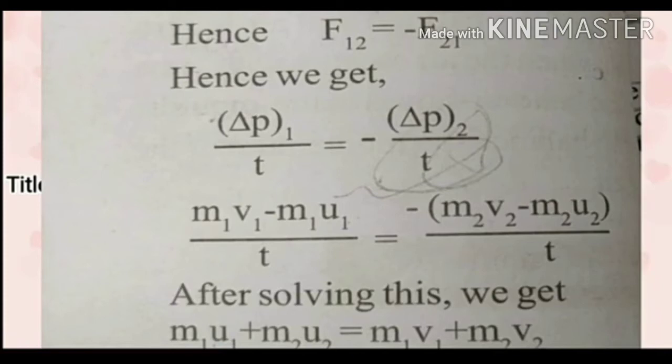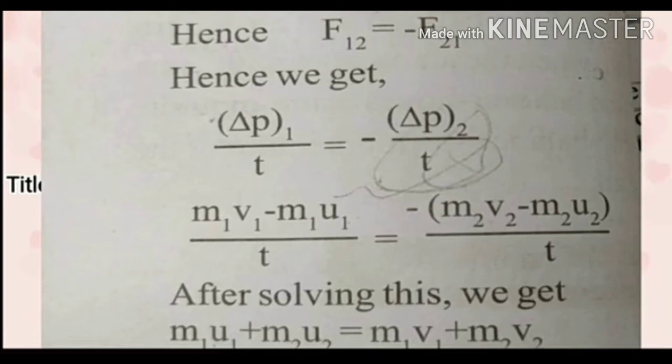By substituting the values, we already know F net is equal to delta P by delta T. I have substituted the first, and then from the table I came to know the values of delta P by delta T. These are the values in the tabulation form.